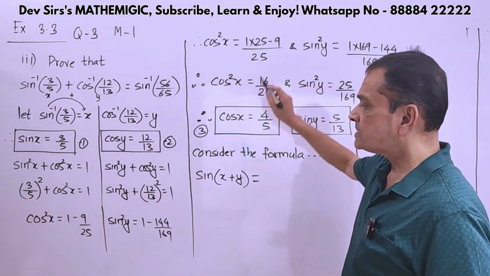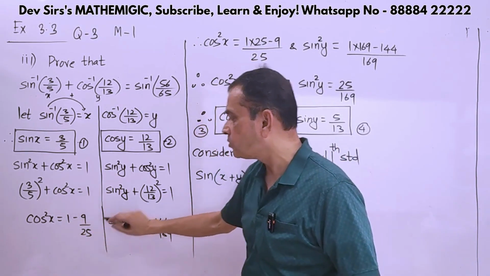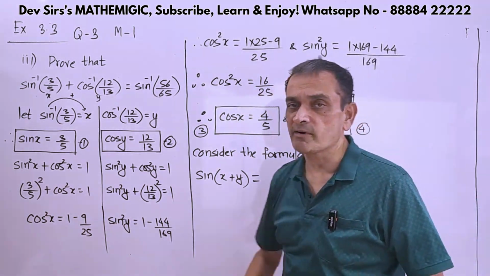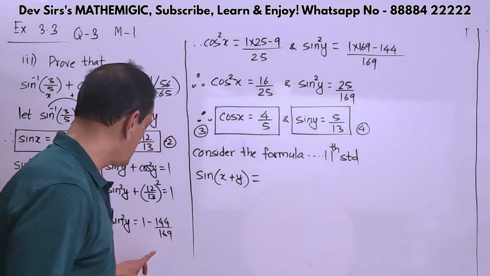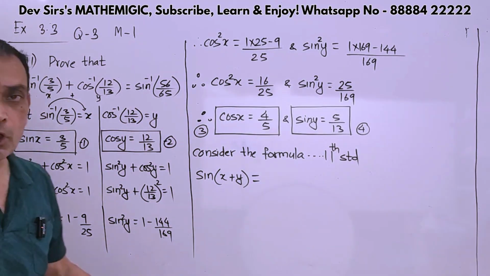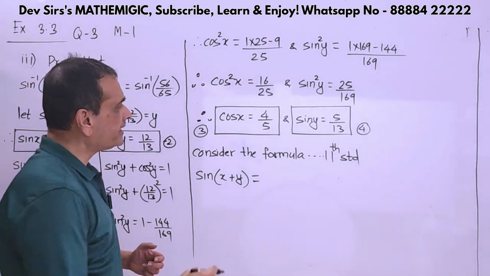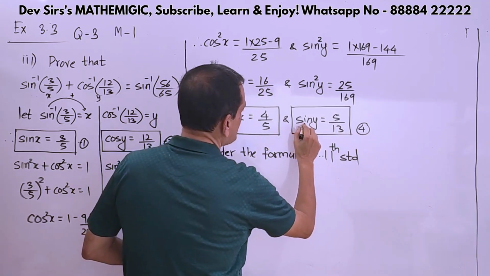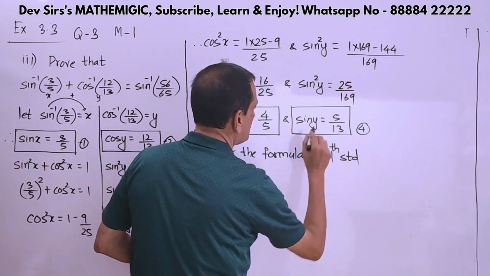So cos squared x is, take the LCM 25, 1 into 25 minus 9 upon 25. Similarly for sin squared y, LCM 169, 1 into 169 and so on. After doing this, cos x is 4 by 5 and sin y is 5 by 13.